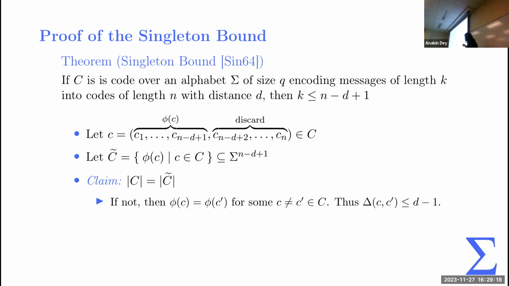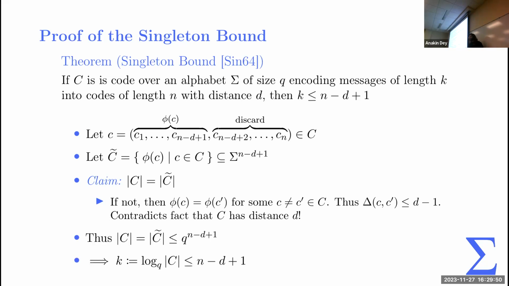If phi of c is equal to phi of c prime, then the first n minus d plus 1 elements are the same, and so the maximum difference had to have come from the last d minus 1 characters. So their distance is less than or equal to d minus 1. But we said the code had distance d, which is the minimum distance. So we found two code words with distance strictly less than the minimum, which is impossible. That's a contradiction.